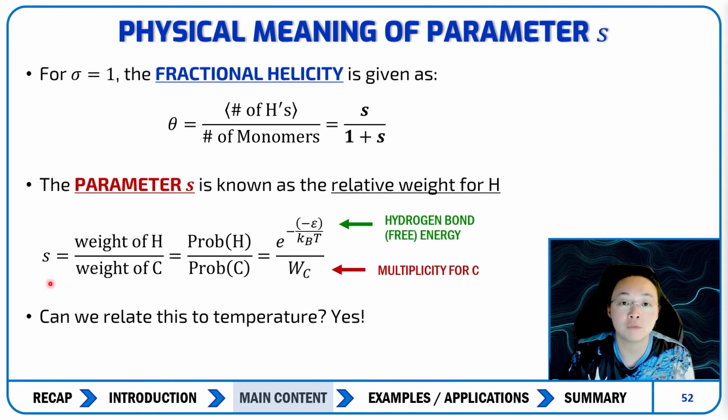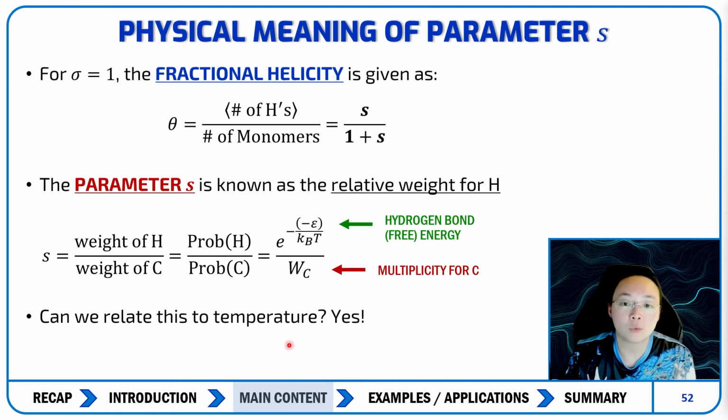So S before was defined as the weight of H divided by the weight of C. So we've defined this already, and we know that it's going to be the probability of a helical state divided by the probability of a coil state.